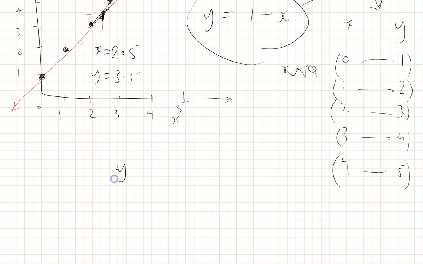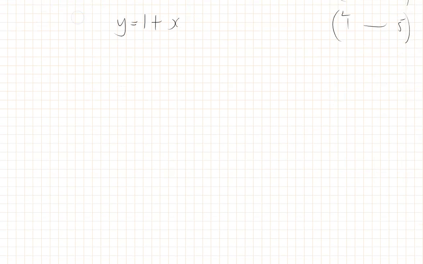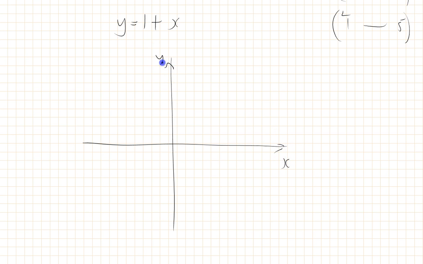So we've got a nice way of summarizing y equals 1 plus x, which is to draw the whole graph. There's x, there's y, 1, 2, 3, 4, minus 2, minus 3, minus 4. It's there, isn't it?